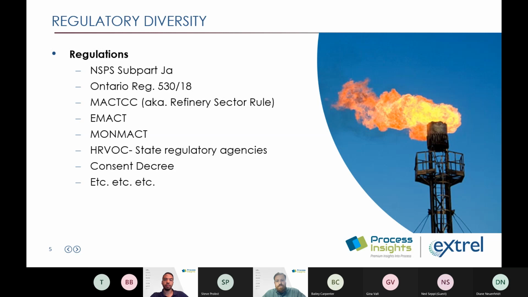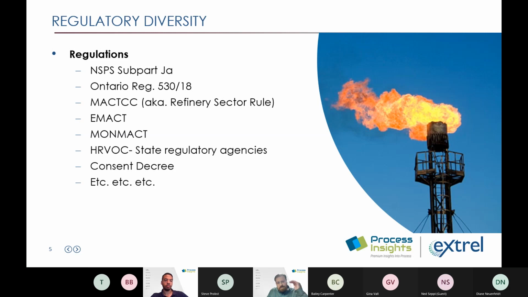Now, in addition to rules that could come from a federal authority, very often sites are subject to state and local regulations. For example, in Texas, there are HRVOC rules that apply to their flares. In this case, they require speciated measurements.